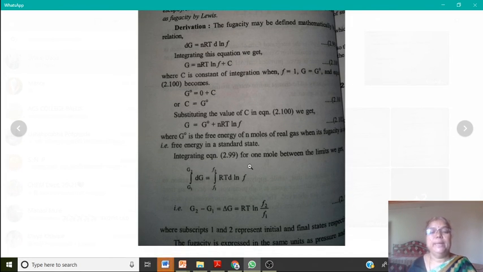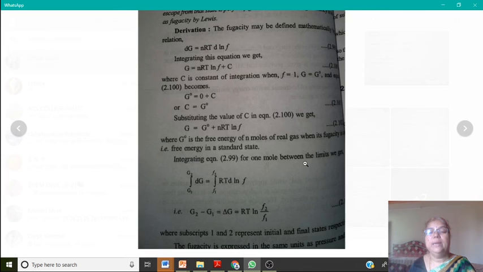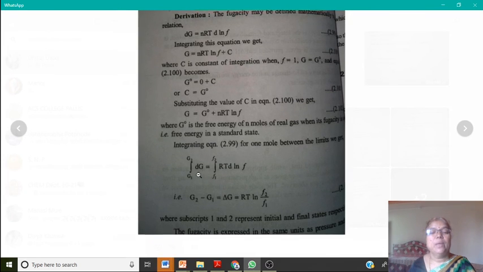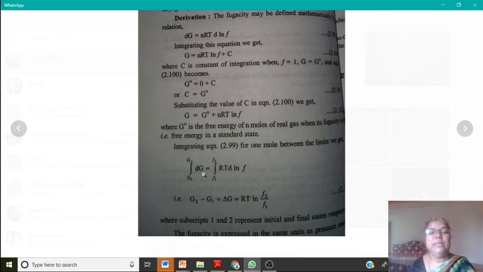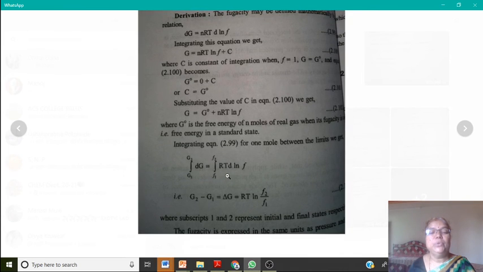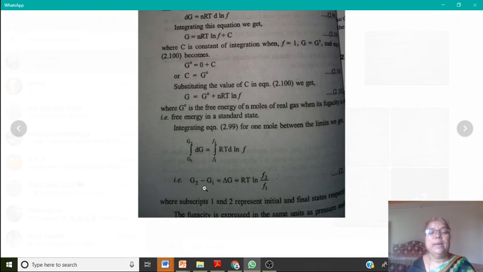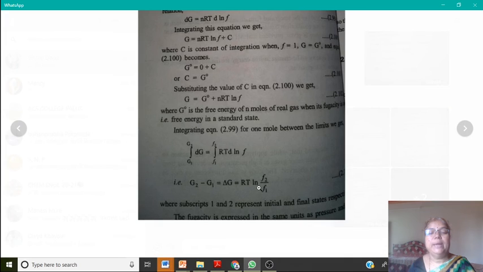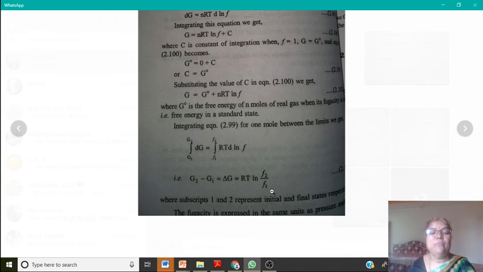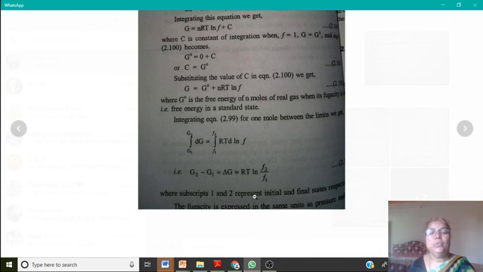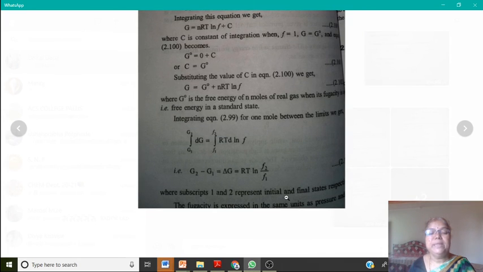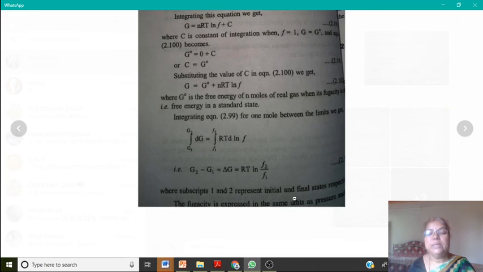Integrating this equation 2.99 for 1 mole within proper limits, we integrate dG from G1 to G2 and RT d ln f from f1 to f2. We get delta G equals RT ln f2 by f1, where subscripts 1 and 2 represent the initial state and final state. Here fugacity is expressed in the same units as pressure.